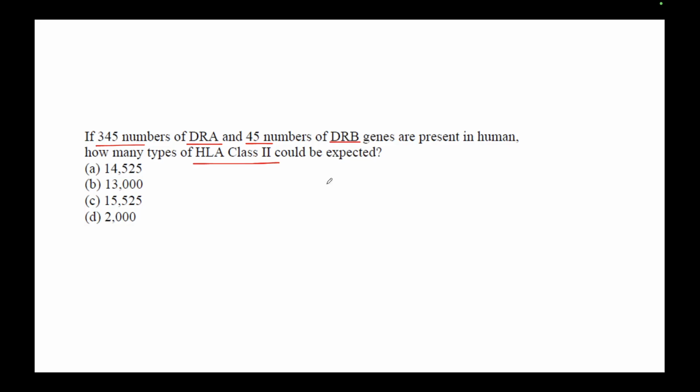And if there are 3 or 4 genes for alpha, 45 for the beta, how many total could be expressed? As there is a combination of both alpha and beta being expressed, and all are being expressed, the multiplication of these two numbers will be the correct option. So both numbers multiplied together gives that many combinations of class 2 HLA that can be expected.